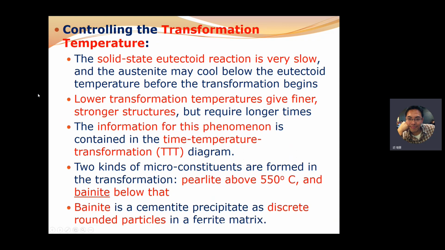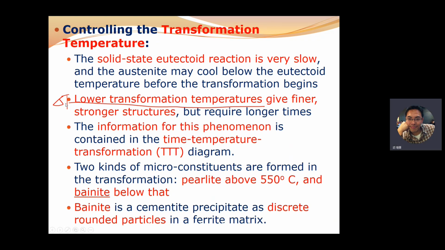So what does this mean? What does the lower transformation temperature mean? Do you still remember? Maybe last time we already mentioned that the undercooled or supercooled temperature, delta T, is the driving force for phase transformation.